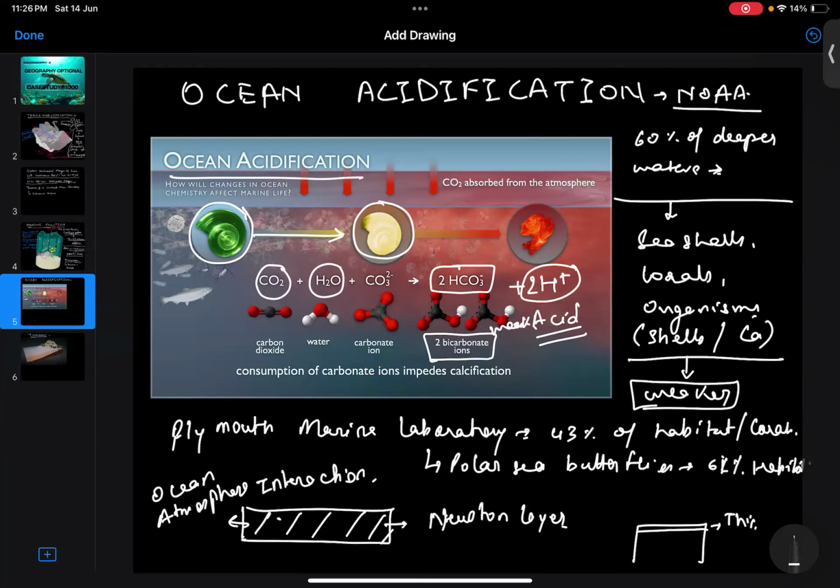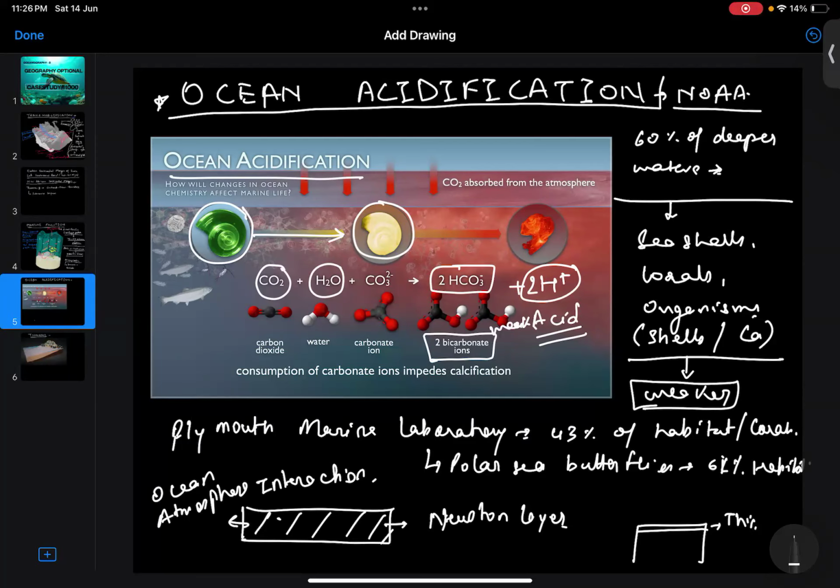Apart from this, the Ocean Carbon and Acidification Data System, you can write this part, provides long-term data sets on ocean chemistry, supporting climate change and mitigation efforts. So this is another important topic on ocean acidification and its current data and examples and a particular case with respect to the oceanic regions.